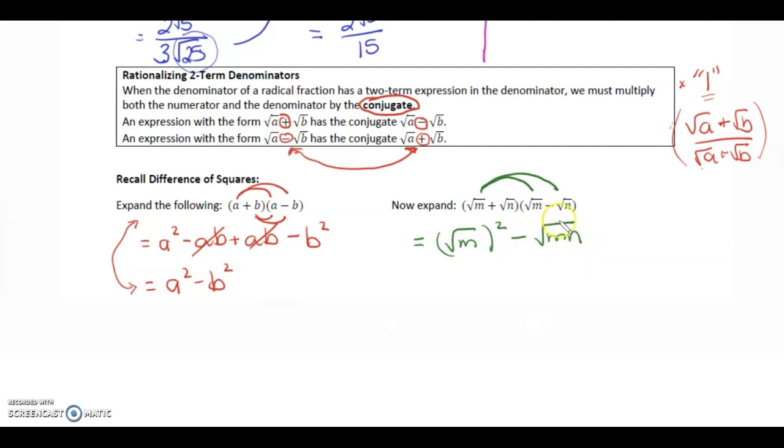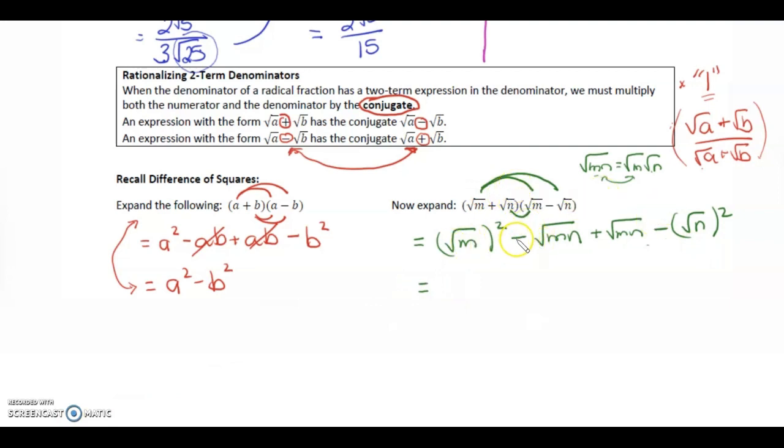You can either write it like this, so root mn is the same as saying root m root n. That's the same. Root n times root m is going to be plus root mn. I'm just putting them in alphabetical order. And then minus root n times root n is going to be root n, but that's going to be squared.